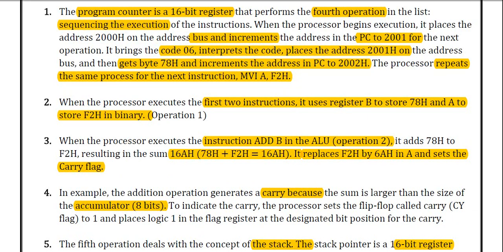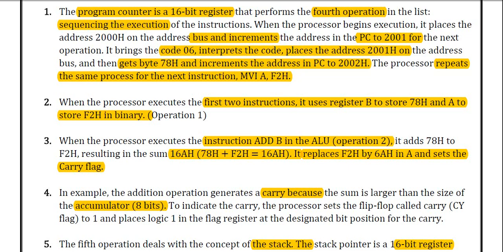When the processor executes the instruction ADD B in the ALU, which is operation 2, it adds 78 to the F2 hexadecimal and the result is 16A, generated by 78 hexadecimal plus F2 hexadecimal, which is 16A hexadecimal.